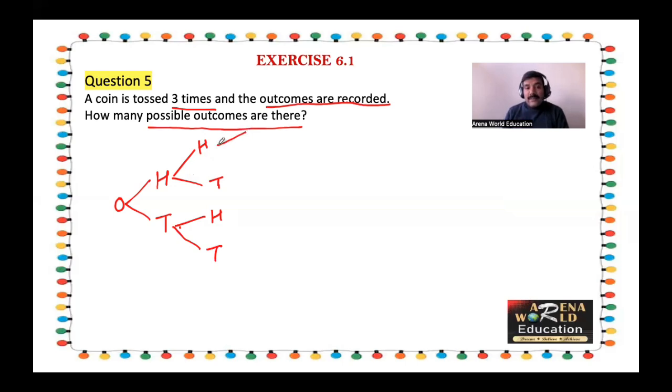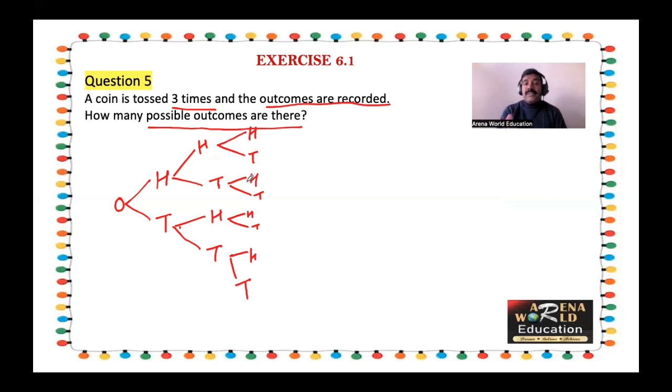So again, we will make the same tree. So H, H, then it can be T. If H, this can be T. Then again H, T, H, and T. By making this tree, you can solve so many questions related to coins, tossing a coin, or questions related to probability.